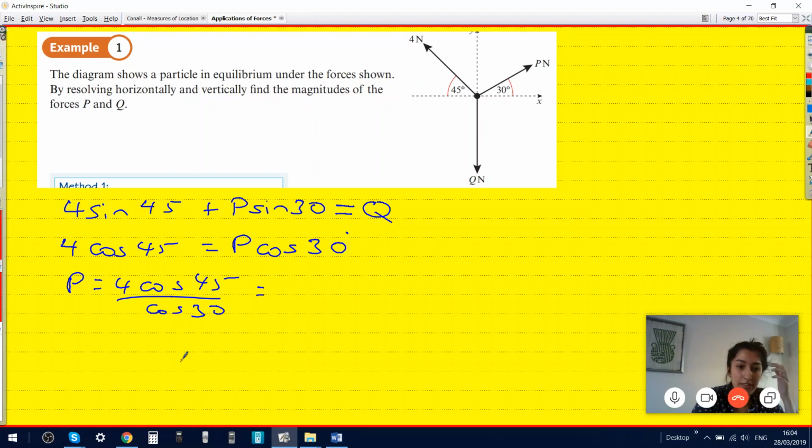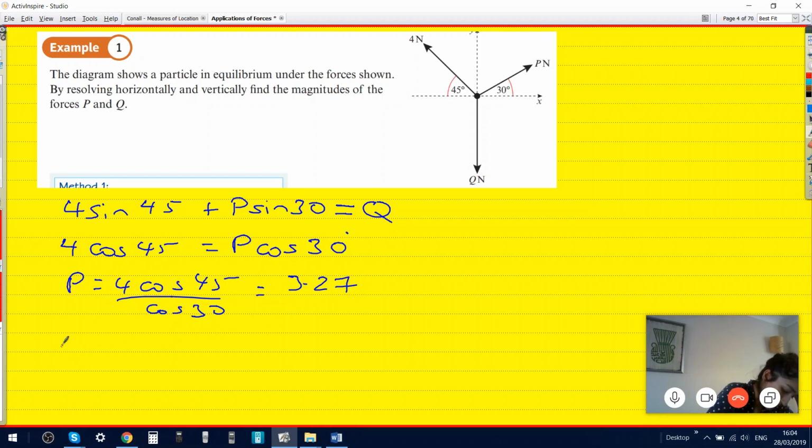What did you say? 3 significant figures? Just anything? Okay, so P equals 3.27. Then you substitute that back into the other one.